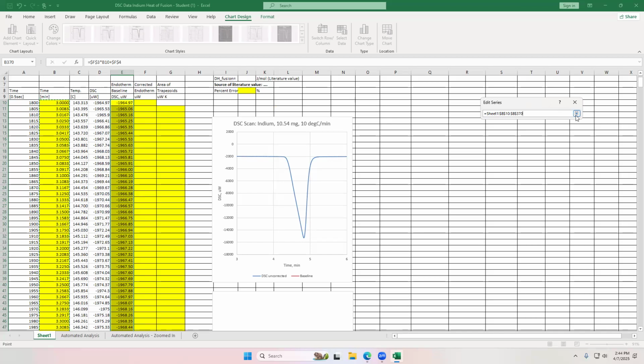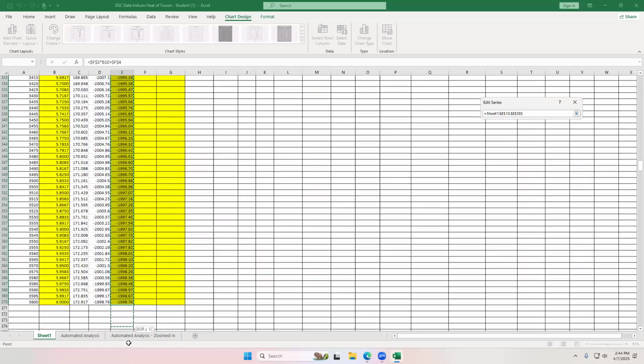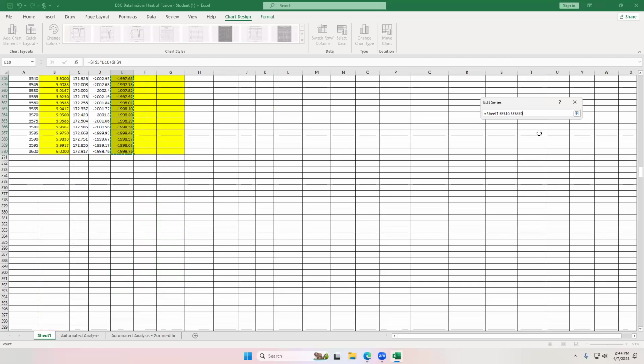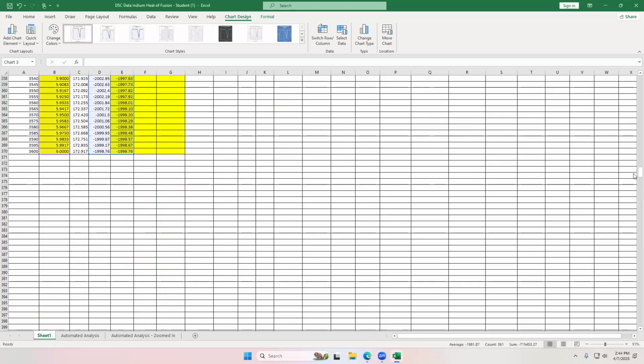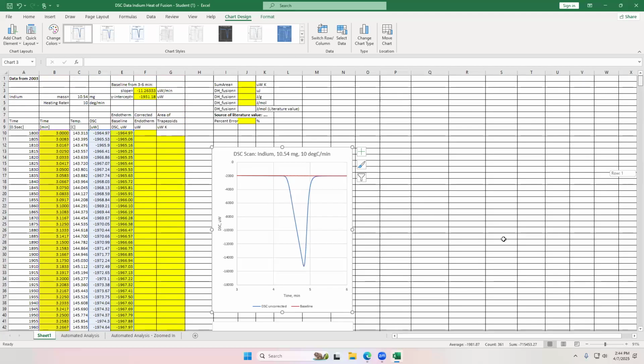You could have just typed B10 colon B370. And then the y values would just be the baseline, column E. Hit OK. OK, one more time. And you can see there's your baseline right there.